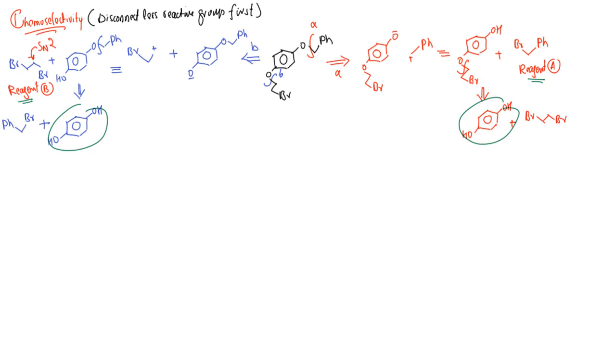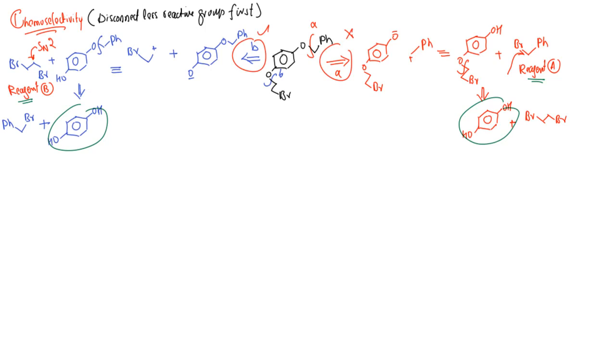In reagent A, the benzylic carbon is less reactive for an SN2 reaction as compared to the carbon atom of 1,2-dibromoethane. So we can say that synthetic route B is appropriate and correct, unlike synthetic route A, which is not feasible for this retrosynthetic analysis.